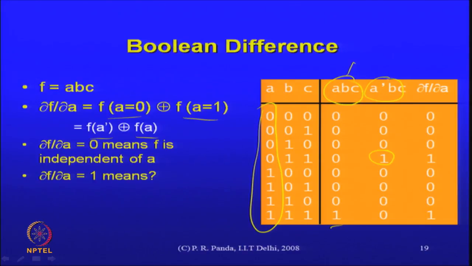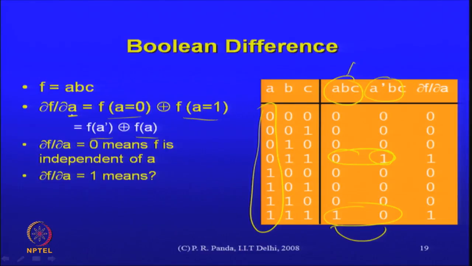So, that is the logic for a prime B C, that is the truth table column for a prime B C. XOR of these two columns gives this column where these two entries are different, everywhere else it is 0. That is our function called a Boolean difference. Boolean difference of a function is defined with respect to one of its inputs. That is what the a is, it is one of the input variables of the function.